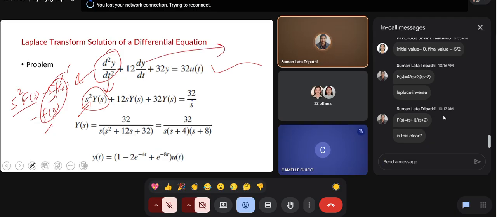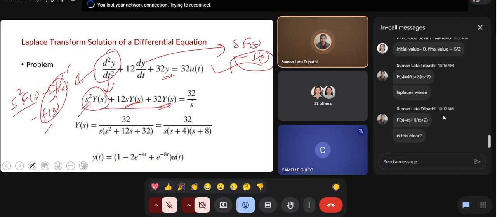When you take the Laplace transform of the first derivative, it gives s F(s) minus f(0), but f(0) will not be considered because we neglect the initial condition. So your answer will be s Y(s), so 12 into s Y(s). And the last term will be 32 Y(s).